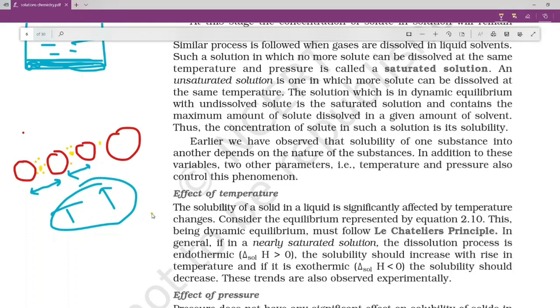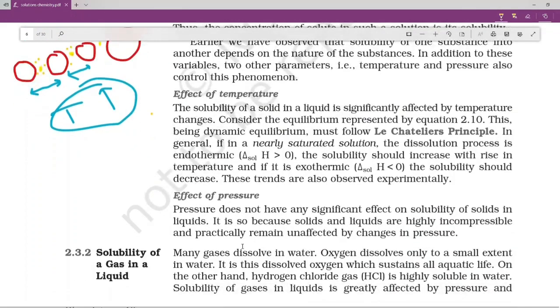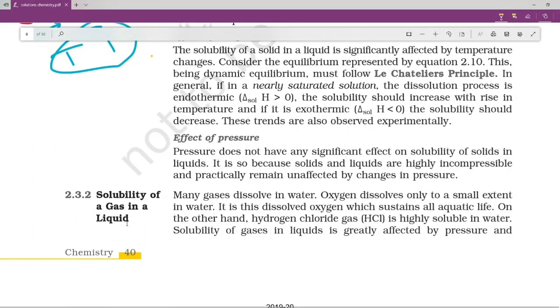If they are incompressible, then the change in volume will be zero, and as a result the bulk modulus will be very high. So the bulk modulus value for solid and liquid is very high, therefore the effect of pressure is not as significant as in the case of gases in a liquid.